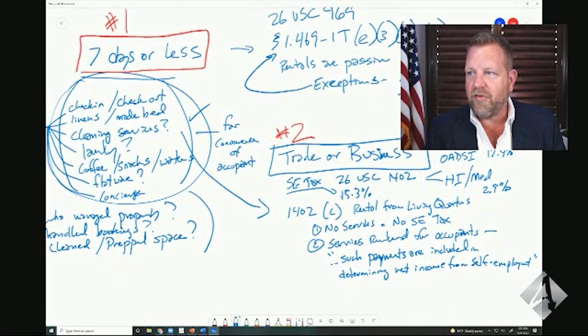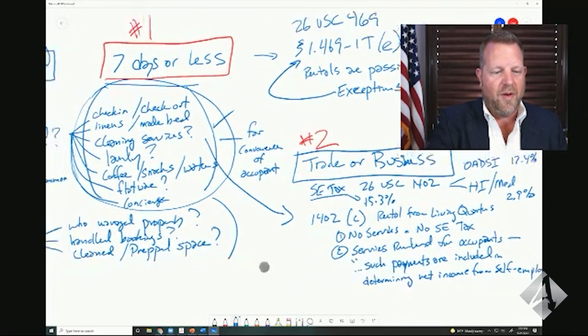So here, generally services are considered rendered to the occupant if they're primarily for his convenience and are other than those usually or customarily rendered in connection with rental of rooms or other space for occupancy only. The supplying of maid services, for example, constitutes such service, whereas the furnishing of light and heat, cleaning of public entrances, exit stairways and lobbies, and collection of trash and so forth are not considered services to the occupant.